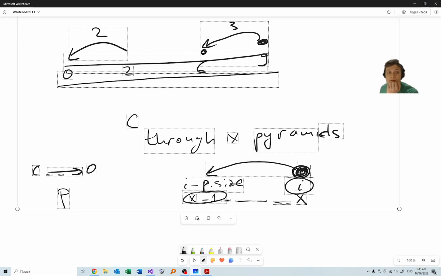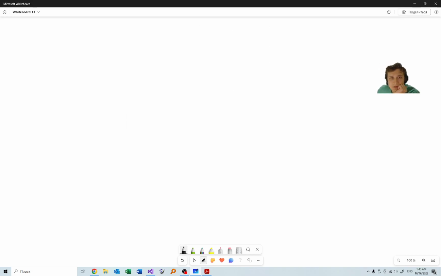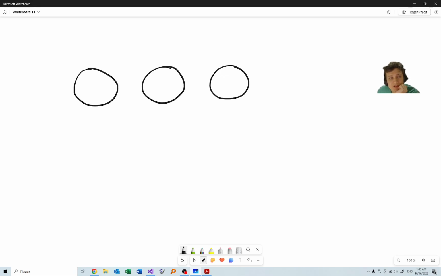So for each number, we store the minimum number of pyramids in which this is achievable. This is kind of bad. See what? This is the problem. So suppose, for example, that this is some number, and you used some pyramid to go here.